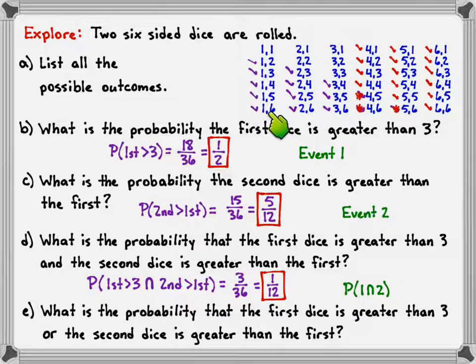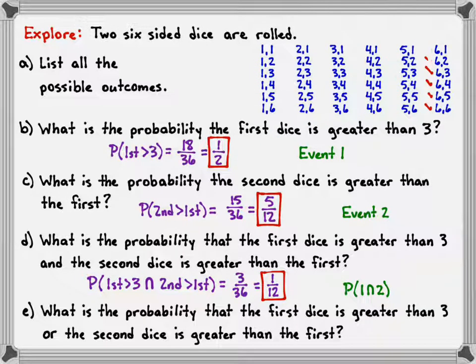In this case, 1 and 6, is the first die greater than 3? No. Is the second die greater than the first? Yes. So is this saying that the first event is true or the second event is true? Yeah, it is. It's meeting one of those requirements. So this one counts. In fact, anything that's checked off is going to count.